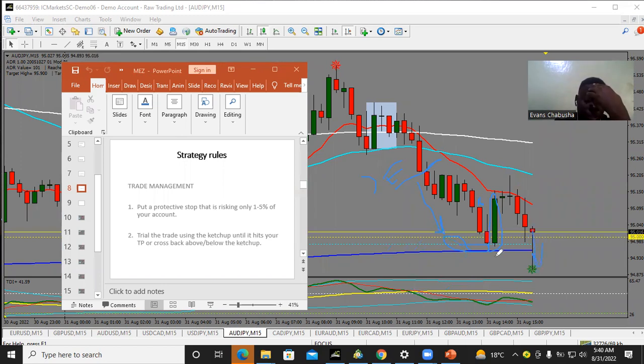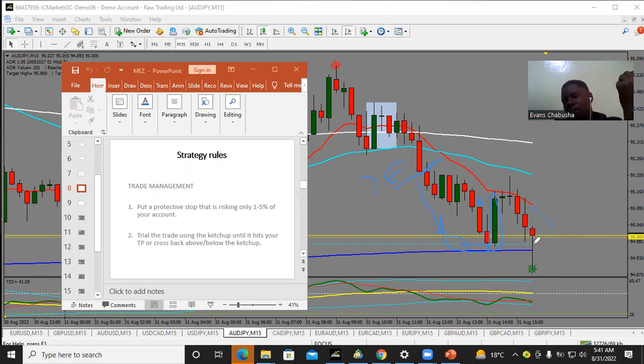Now, this doesn't mean that price will not penetrate this point. Again, it doesn't mean that price will penetrate it. No, remember what you are doing, you're just trading the catch up. So when price moves, this catch up also moves like that.